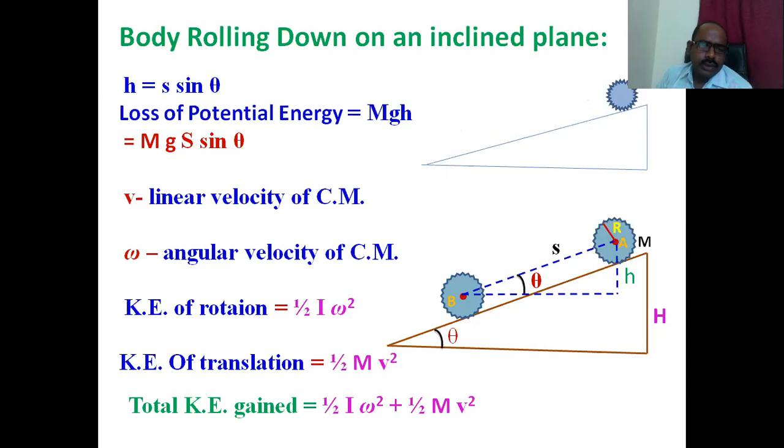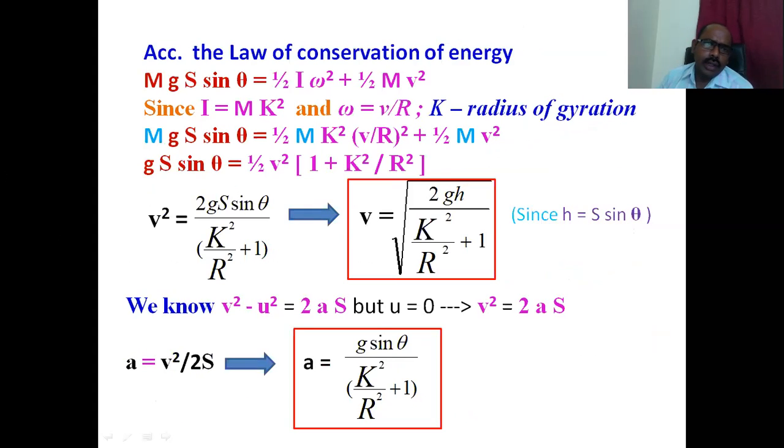By equating the two quantities, and writing I is equal to mk square and omega is equal to v by r, we derive v is equal to under root 2gh by (k square by r square plus 1). The initial velocity of a rolling body is 0, therefore u is equal to 0, and by substituting u equal to 0 in the kinematic relation v square minus u square is equal to 2as, we get v square is equal to 2as.